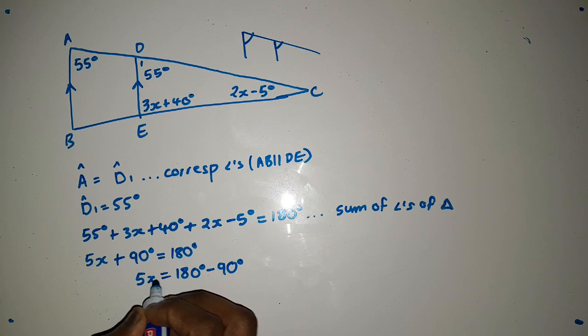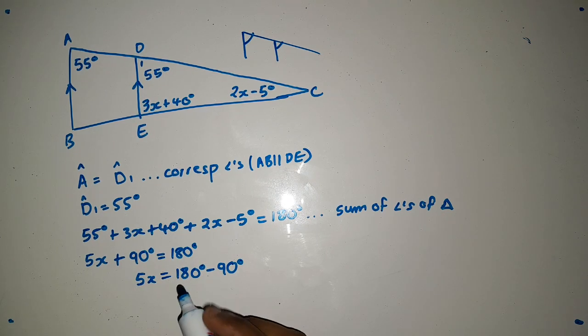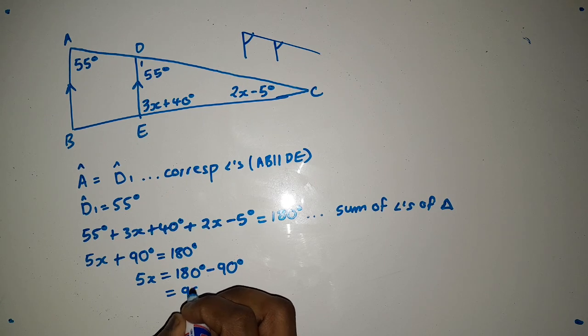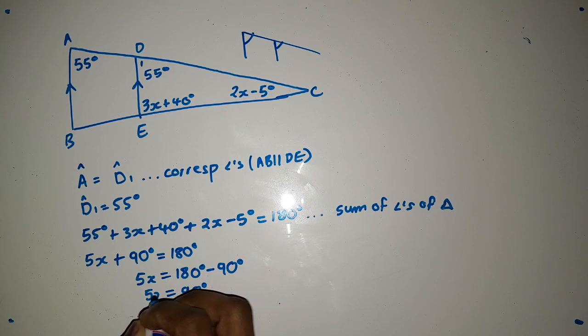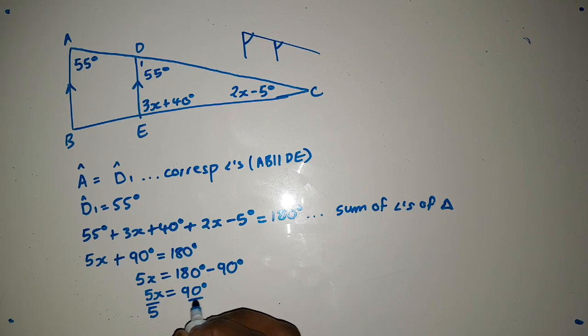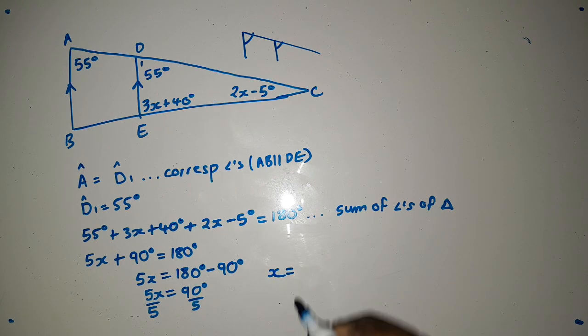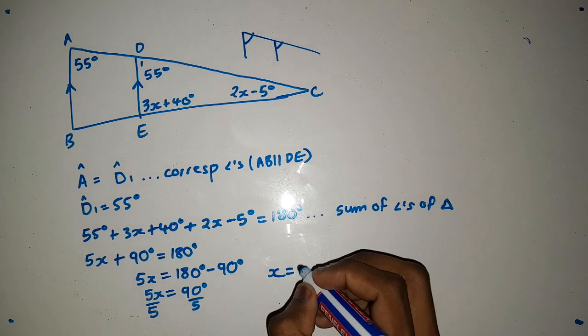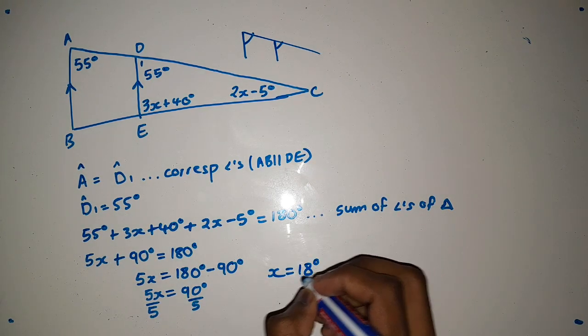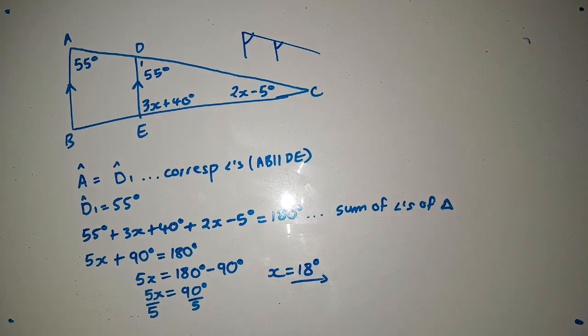And we have 5x. 180 minus 90, you must get 90 degrees, 5x. But the question wants us to find x, not 5x. Let us divide like this. Then finally, our x is going to be 18, like this.